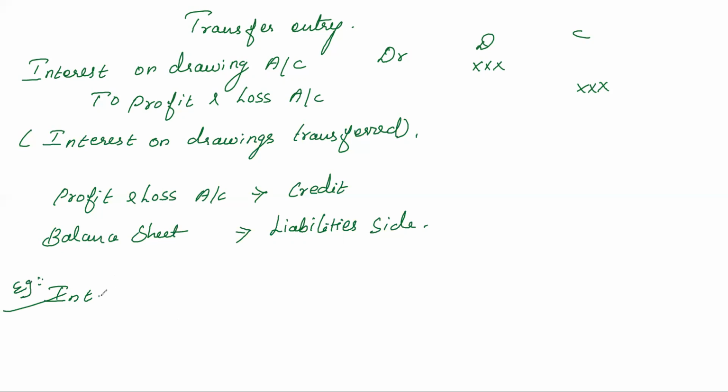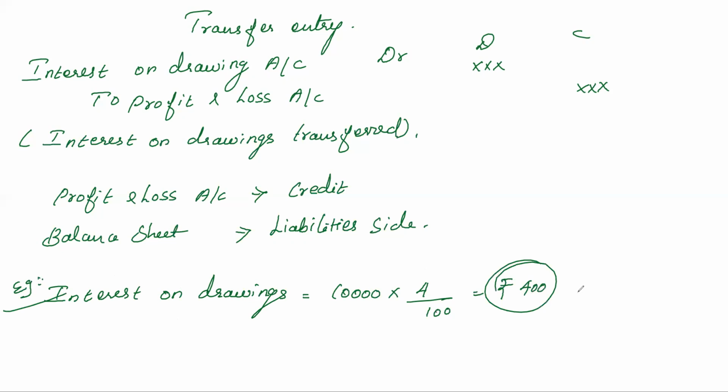Example. Interest on drawings is equal to amount 10,000 into percentage 4%. So 4 by 100 is equal to rupees 400.